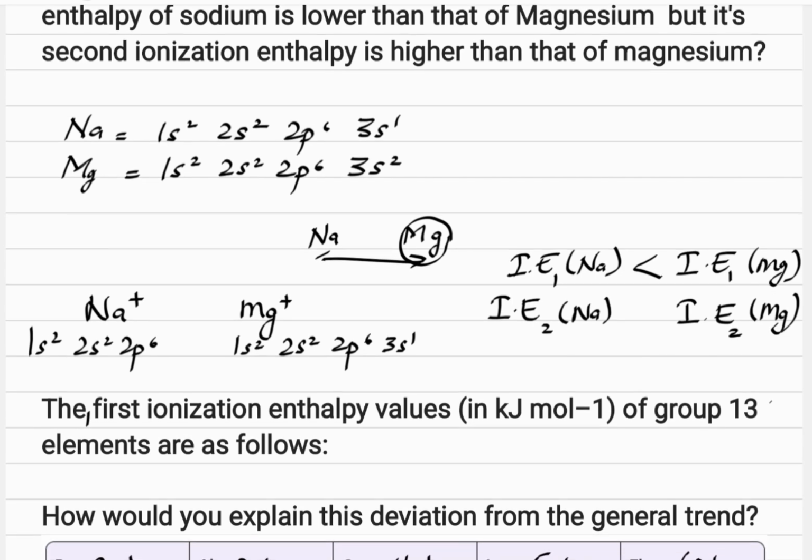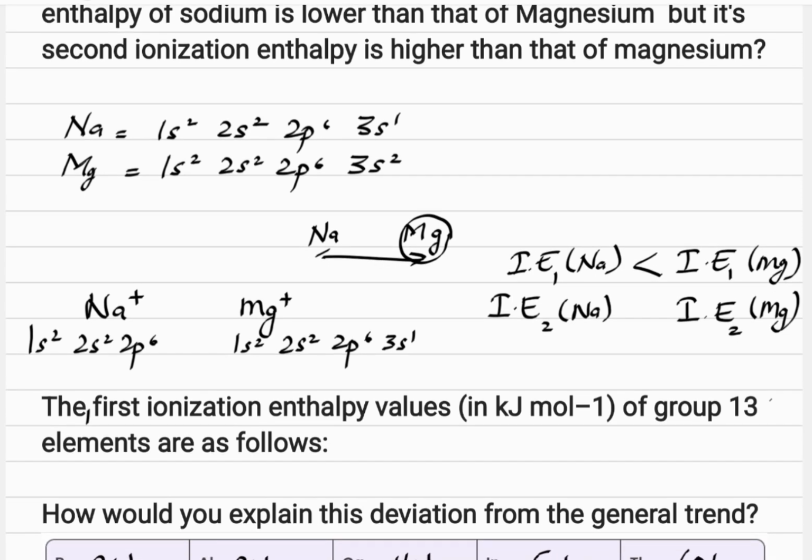Now, why is there an anomaly when we talk about the second ionization energy? In second ionization energy, notice that both the atoms have already lost one electron. So now the electronic configuration is this. For sodium ion, after losing one electron, it has achieved the noble gas configuration.